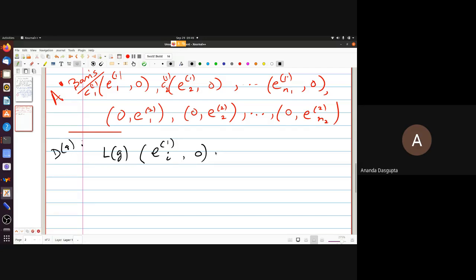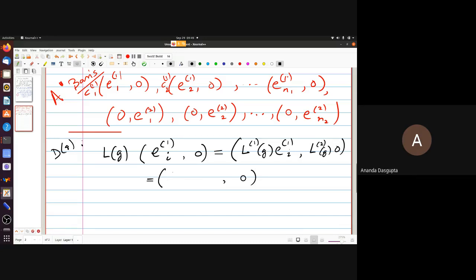Let's look at this first. If it's acting here, what are you going to get? This is, of course, by definition going to be L_1g acting on e_1i, and L_2g acting on 0. Now, these are linear operators, so this part simply gives you 0.